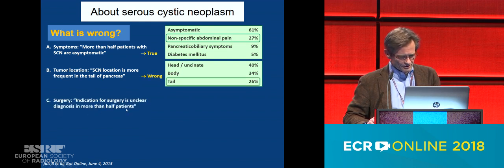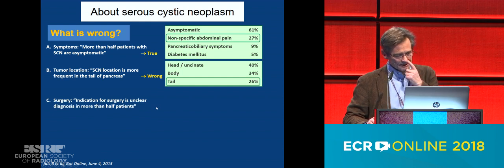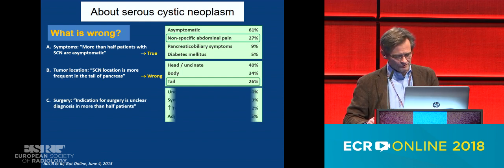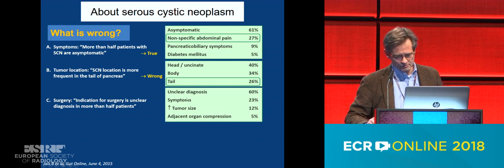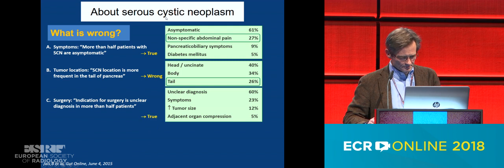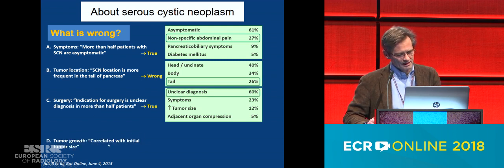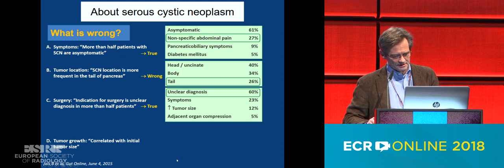C, surgery. The indication for surgery is unclear diagnosis in more than half of patients. That is correct. Unclear diagnosis, the occurrence of symptoms, the increase in tumor size, and adjacent organ compression are the four main indications for operating a benign lesion like serous cystic neoplasms. And D, tumor growth correlated with initial tumor size.